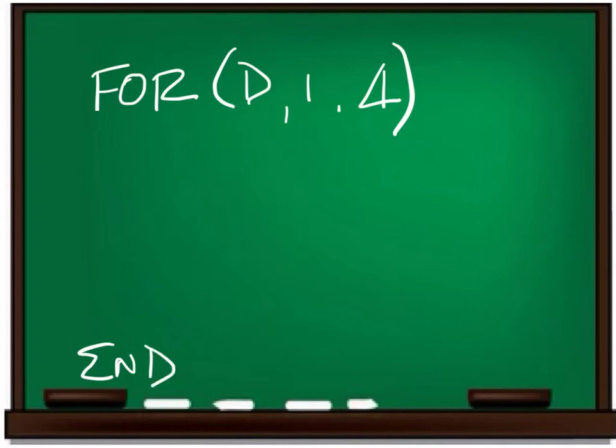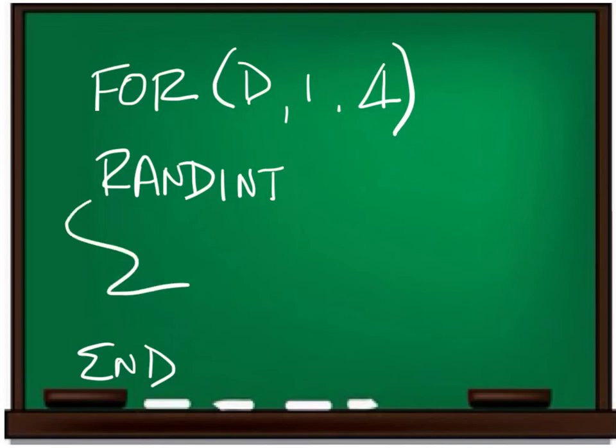And within that, you would have a random integer. And then you could come up with the card, go through your if-thens for if it's 1 and if it's 2 and so on. Or you can do it this way.